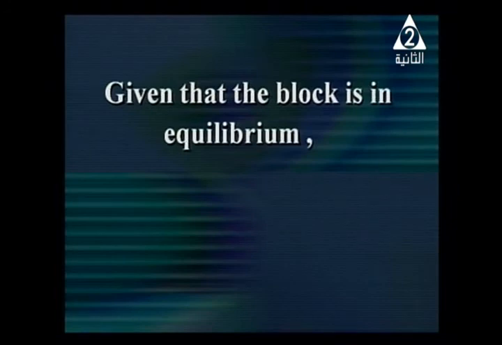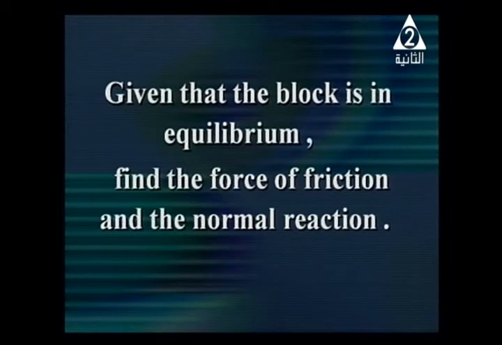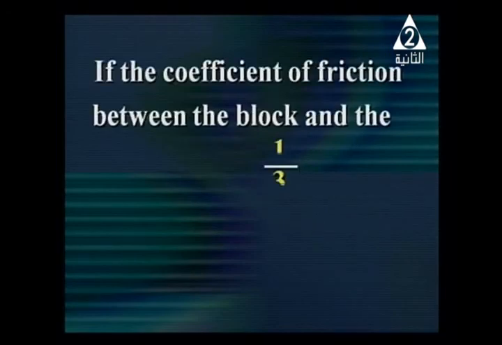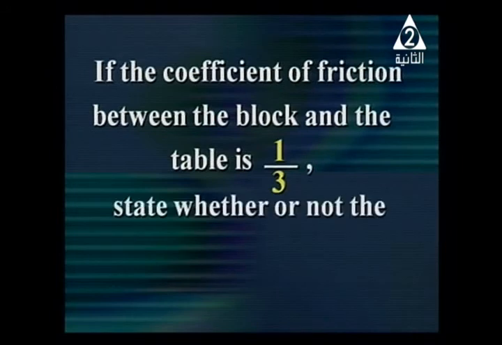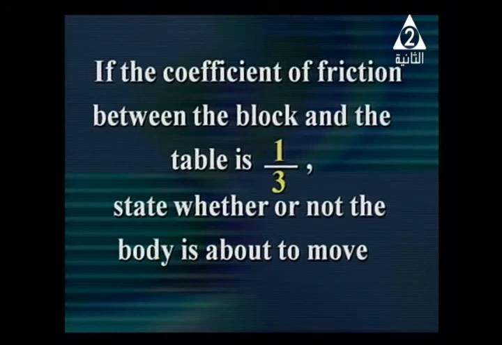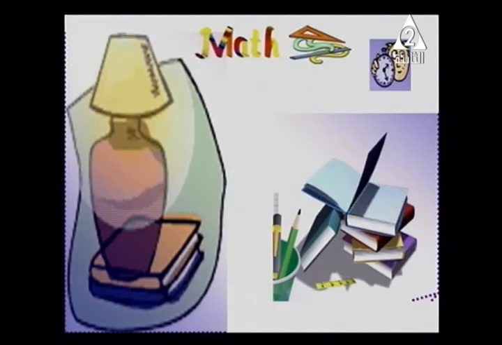Given that the block is in equilibrium, find the force of friction and the normal reaction. If the coefficient of friction between the block and the table is one third, state whether or not the body is about to move. Look at the solution.